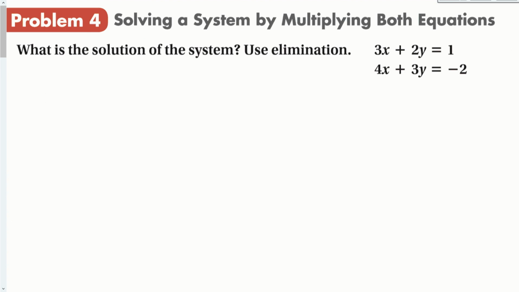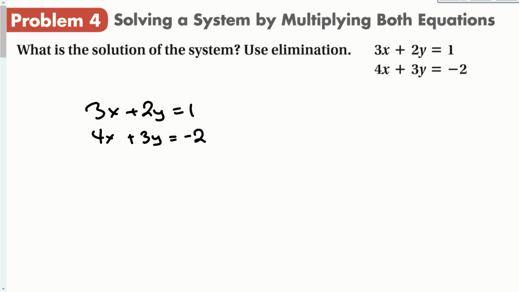So for this next one, 3x plus 2y is equal to 1, and 4x plus 3y is equal to negative 2. Just looking at this, I cannot see anything that I can multiply to get one equation equal to the other one.